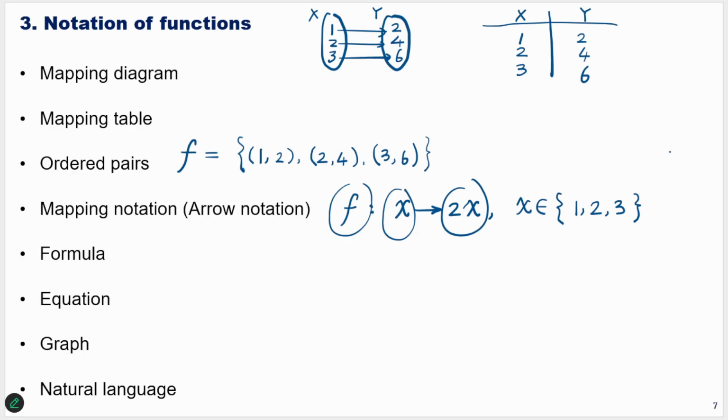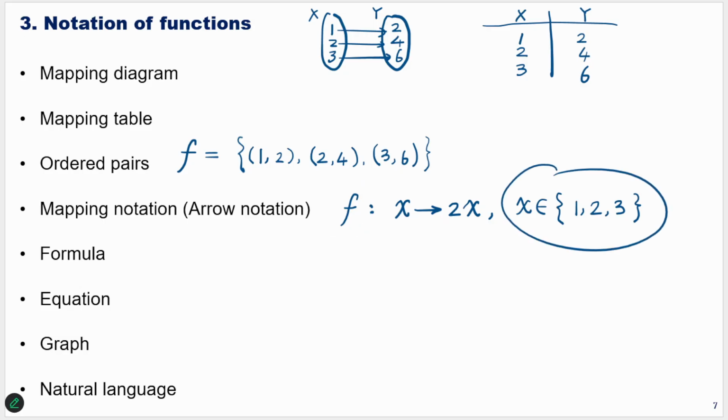And the input x belongs to the set 1, 2, 3. The set contains 3 elements, 1, 2, 3. This means x can only be the numbers 1, 2, and 3, right? Are you familiar with this notation here? Yeah, you can also write it like this. Or x is between 1 and 3, and x belongs to the integer set, right?